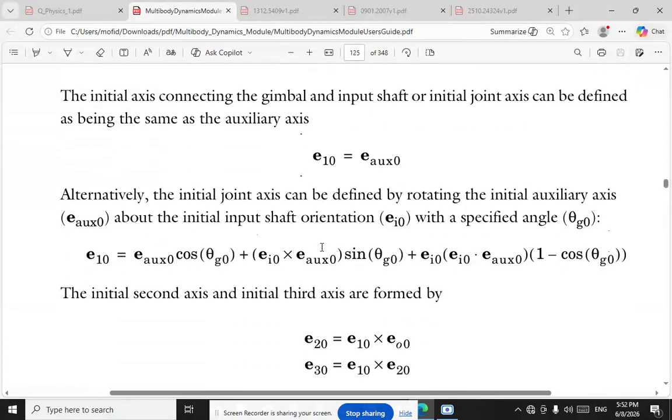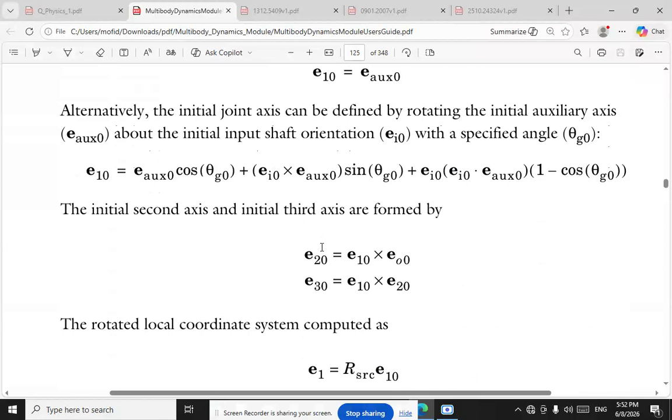The initial axis of connection, the gimbal and input shaft, or initial joint axis, can be defined as being the same as the auxiliary axis: e_10 is equal to e_aux0.